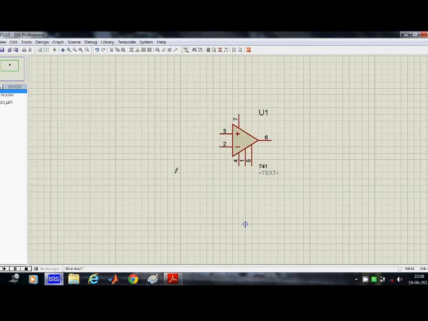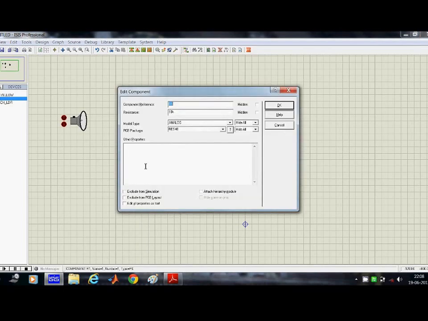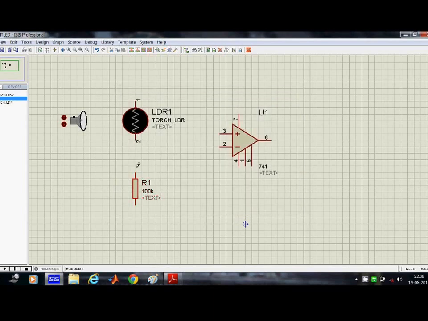Okay, I am going to take an LDR. I rotated it for my convenience. I'll change its properties to 100 kilo ohms. The 7th pin will be connected to the power, so I have connected it here.